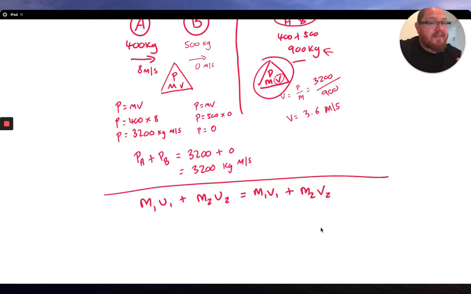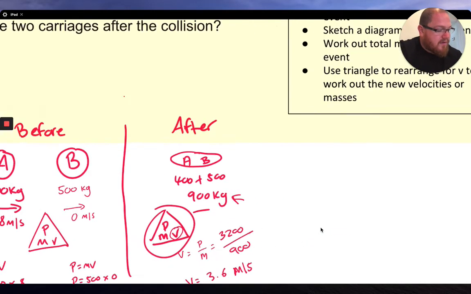Now, in this case, we've only got one object after the event. And I can simplify this now. I can say m1u1 plus m2u2 equals mv, because I've only got one thing moving off, they combine.